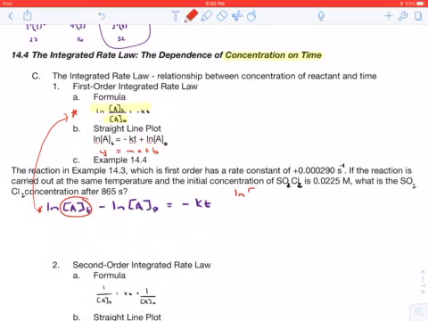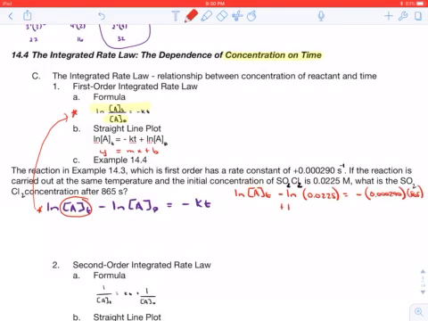As I said, we're going to leave the natural log of A sub t alone because that's what we're looking for. We're looking for the concentration after 865 seconds. So we'll take minus the natural log of A sub 0, our initial concentration, 0.0225, and that's equal to negative kt. We plug in our k, our rate constant, 0.000290, and multiply that by our time, which is 865.